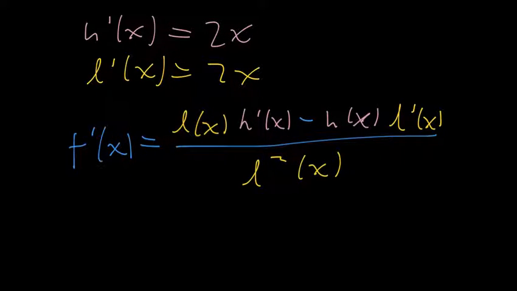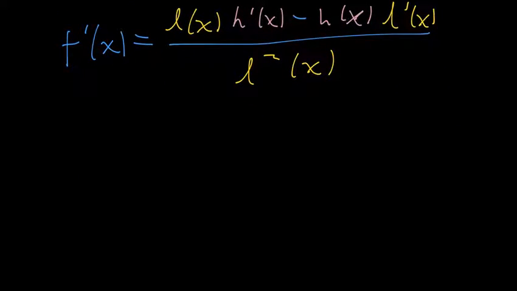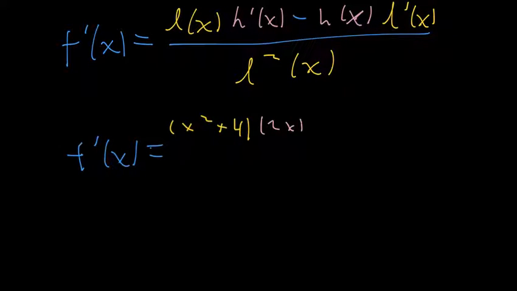So let's go ahead and plug this in. So we'll have f prime of x equals L of x, which was x squared plus 4, times h prime of x, which was just 2x, minus h of x, which was x squared minus 4, times L prime of x, which was also just 2x.